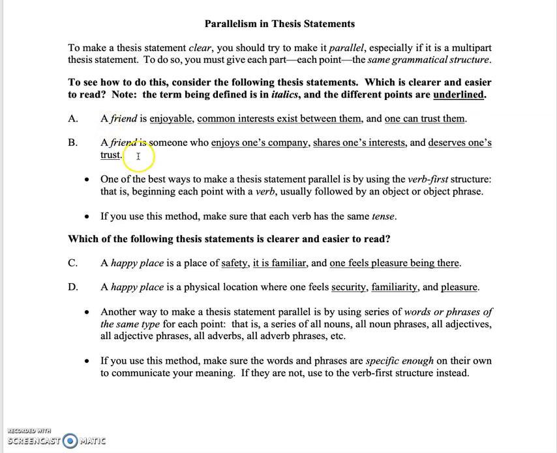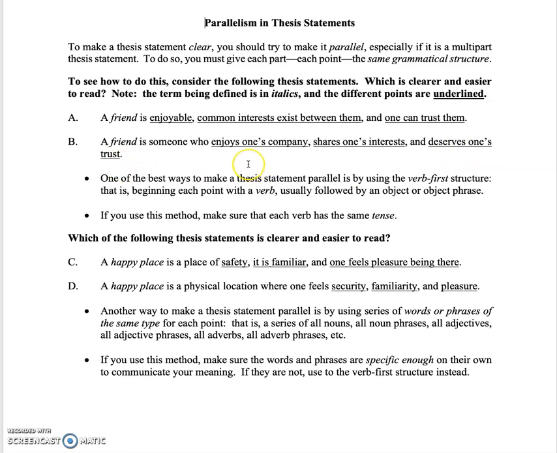In contrast, B is much more parallel, and it uses the verb first structure, which is one of the best ways to make the parts of your thesis parallel. Just divide each part into a little clause and begin it with a verb that has the same tense. So these all begin with enjoys, shares, deserves, right? Each is a present tense verb.